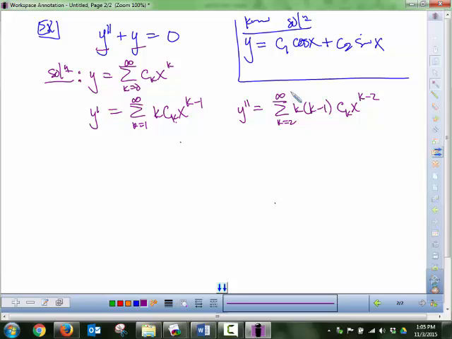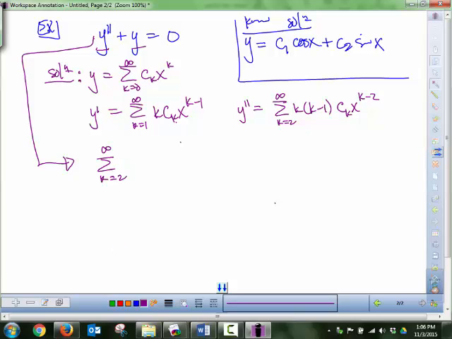All right, so now let's put this differential equation together. We have y double prime, so let's write down our y double prime. We get the sum as k goes from 2 to infinity. And writing the sum is important because we need to know the starting point.